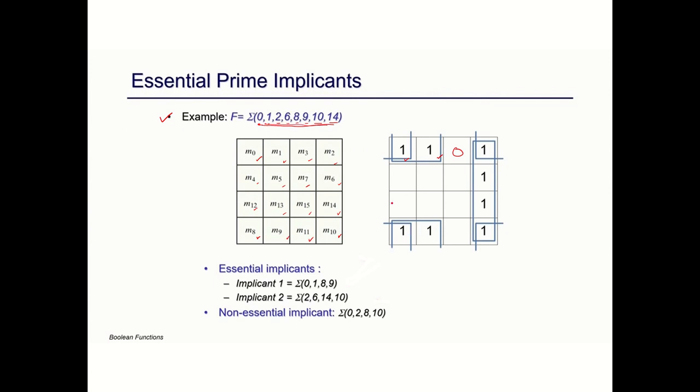So here how can we make the grouping of all these adjacent onset variables? We just need to cover the maximum number of onset variables with the minimum number of covers.